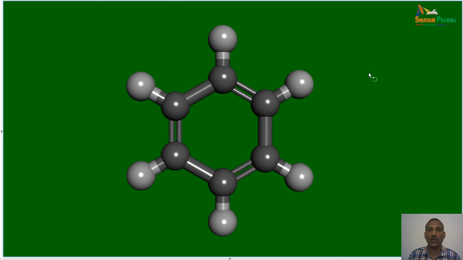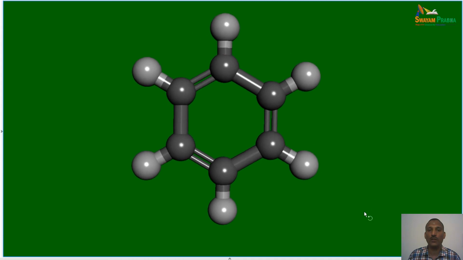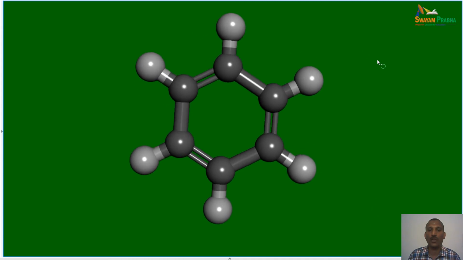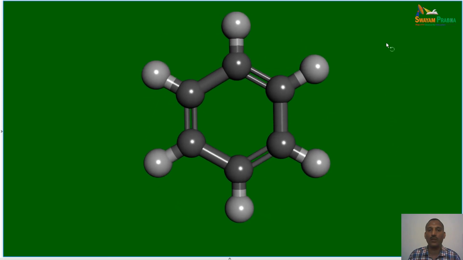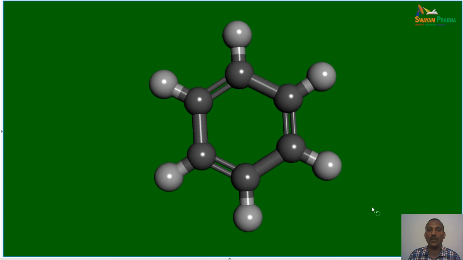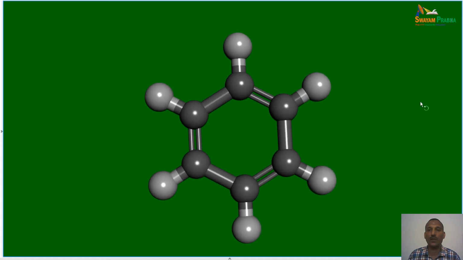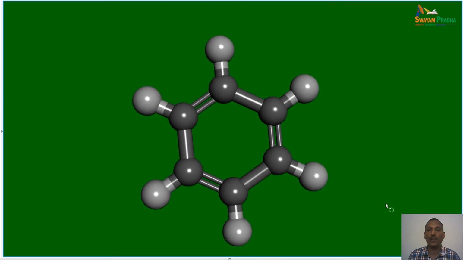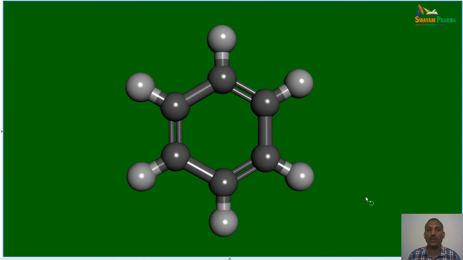So let us rotate on the plane of the paper. First I am going to do a 60-degree rotation. This gives the first identical representation. Another 60 degrees, second one, another 60 degrees, third one, fourth one, fifth one, sixth one.